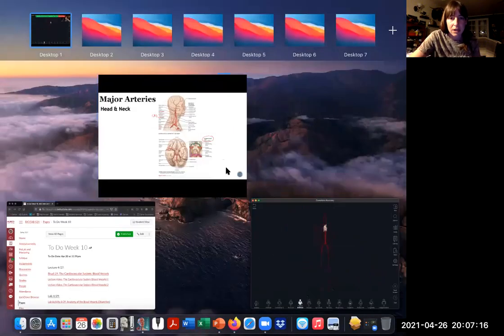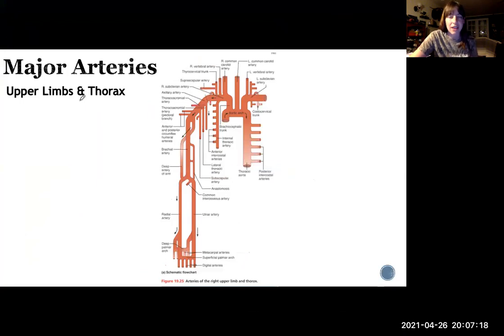All right, let's continue by looking at how the blood vessels travel down your arms, okay? Here's the schematic for it. It looks very complicated. I'm not asking you to know all of it. This is your aortic arch again, your brachiocephalic trunk, your right common carotid, your left common carotid, and your left subclavian.